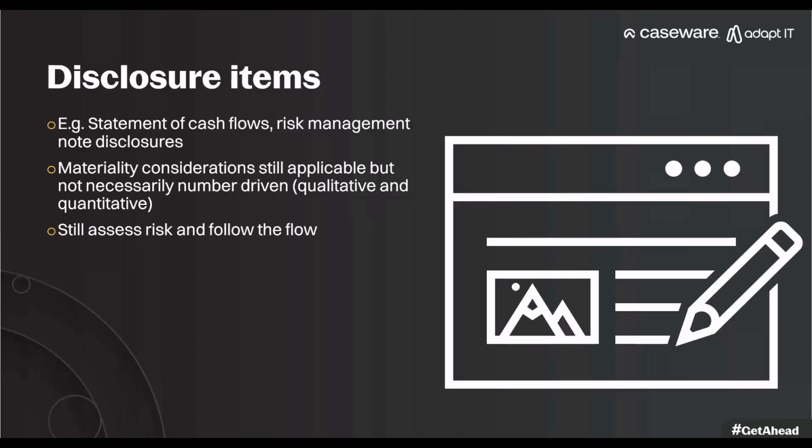It could still be qualitatively material. Of course, it could be quantitatively material as well. So we still need to assess the risk. We need to consider the flow of the information, the system description, and so on as is necessary.